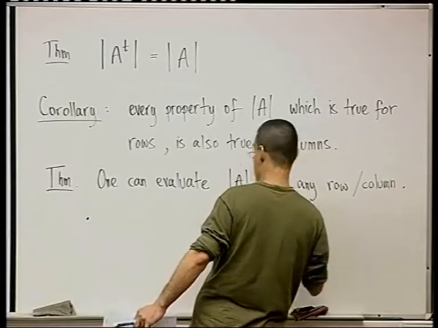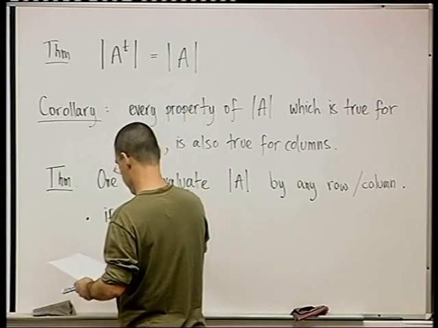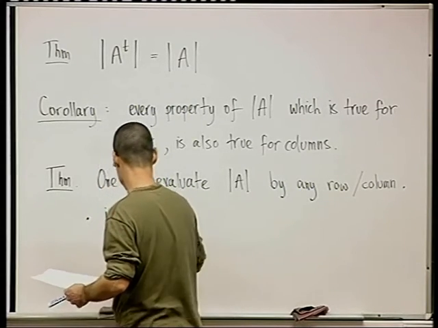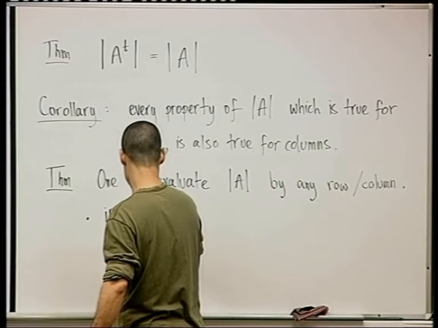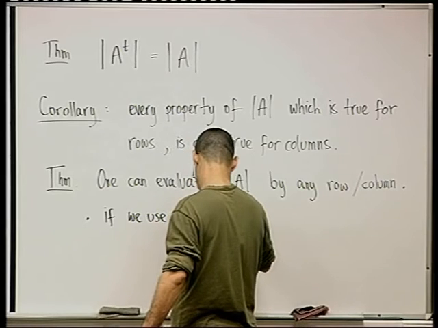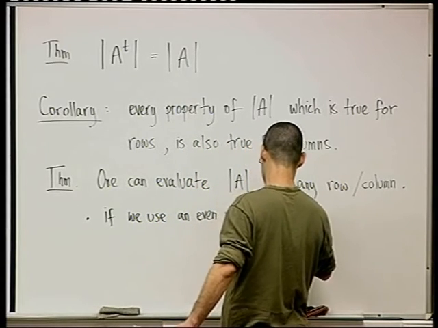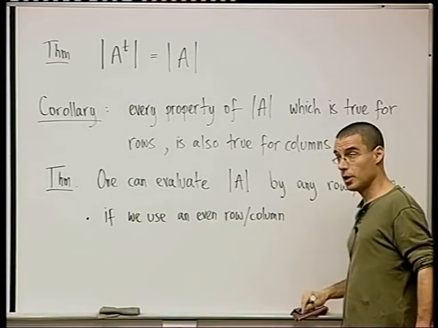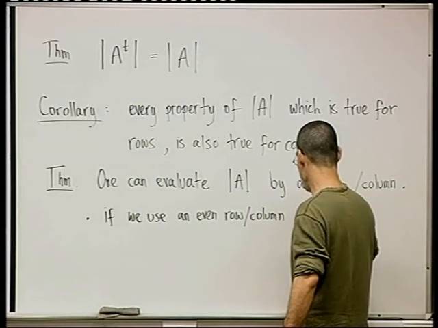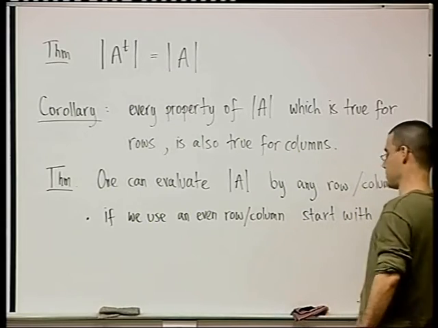So let's just mention it here. If we use an even row or column, we use the second row or the sixth column, an even row or column, we have to start with a minus.